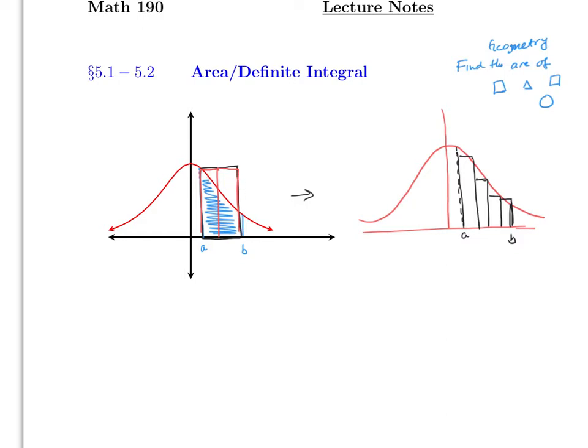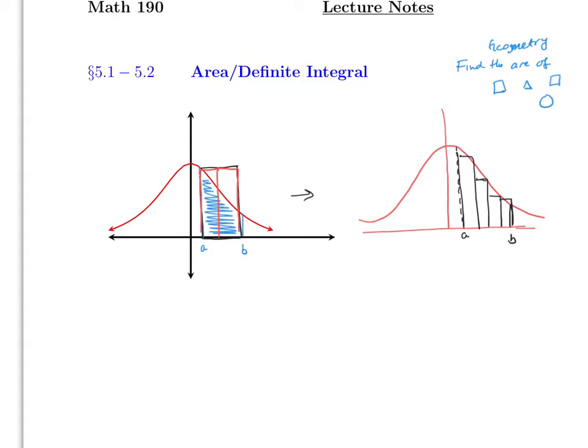There's 2. So if you keep making the base smaller and smaller, and this is where the concept of the limit that we use in chapter 2 is going to come in, you can see that the approximation keeps getting better and better.